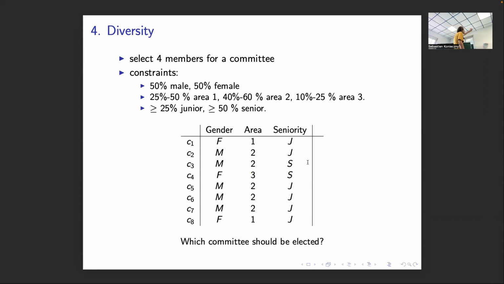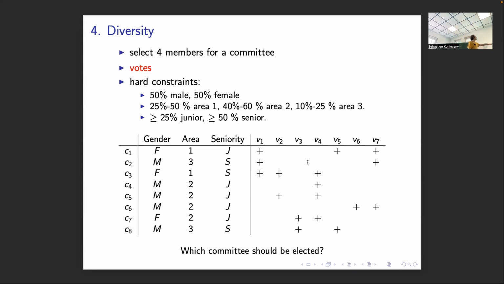A variant of the problem is that instead of having hard constraints, instead of having exact targets, we have inequalities, intervals. Here we say we want at least 1/4 of junior and 1/2 of senior and so on. Then of course it's easier, but there might be several committees that fit. And what's nice is that we can also have votes. Suppose that on top of these constraints, we also have votes.